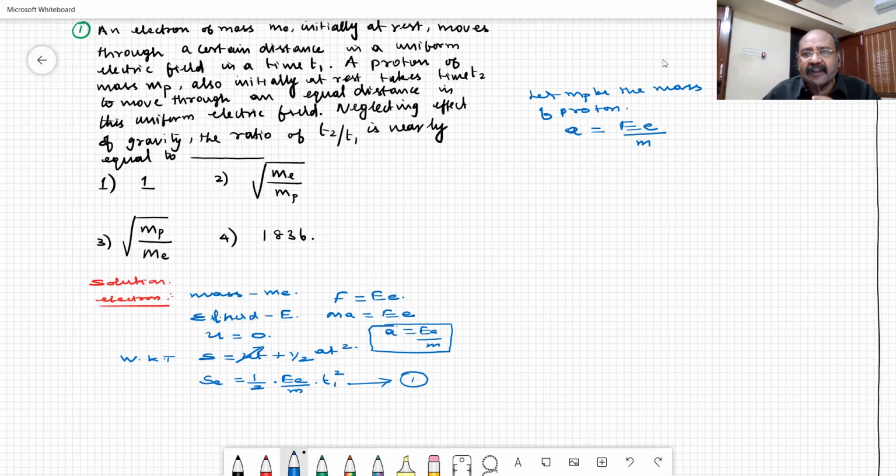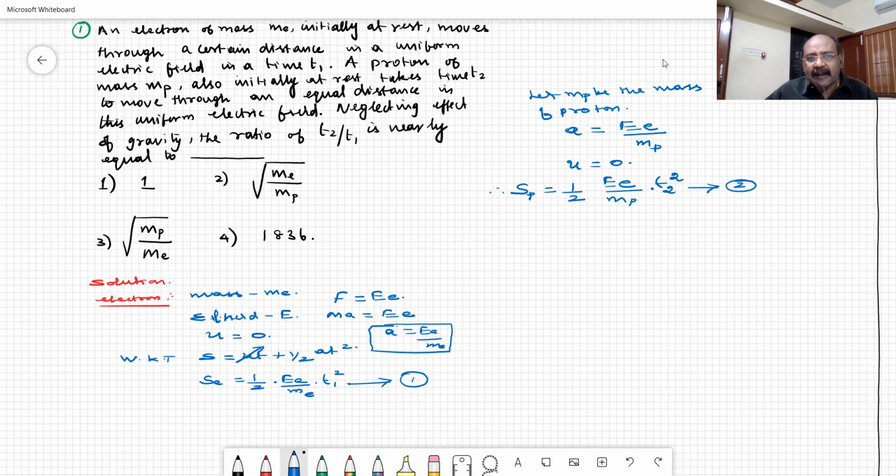You can write me as the mass of the electron and mp as the mass of the proton. Here also, the initial velocity u equal to 0. Therefore, the displacement produced in the case of the proton is half into E into e divided by the mass of the proton into the time taken, T2 square. Let us take this as equation number 2.